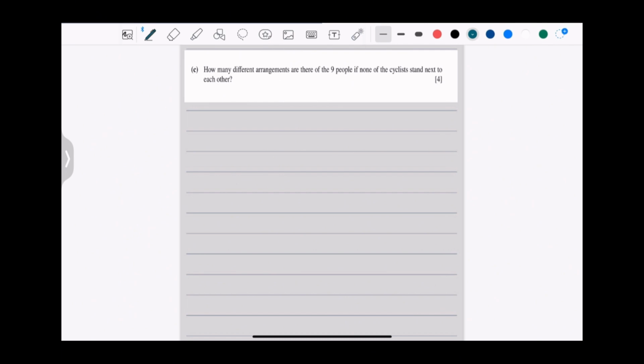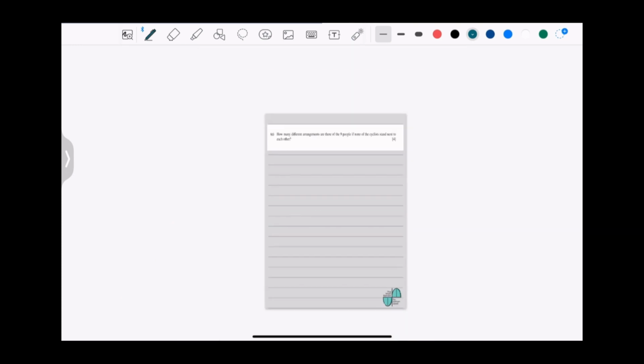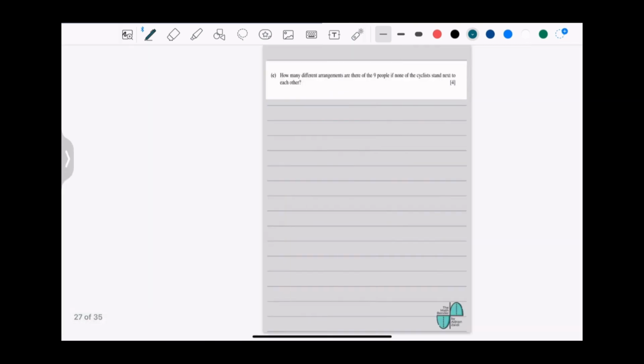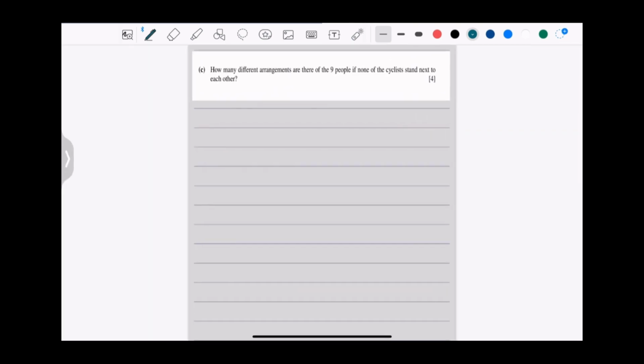How many different arrangements are there for 9 people if none of the cyclists stand next to each other? Now this is what I want you to look at. I'll solve this. None of the cyclists stand next to each other. So there are 3 cyclists, 2 swimmers, and 4 runners.